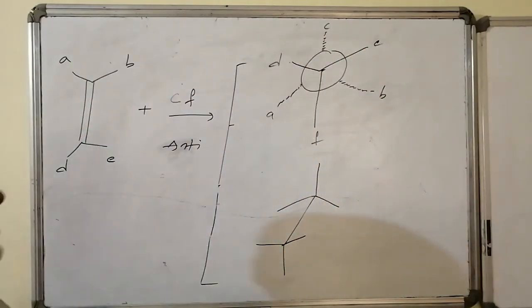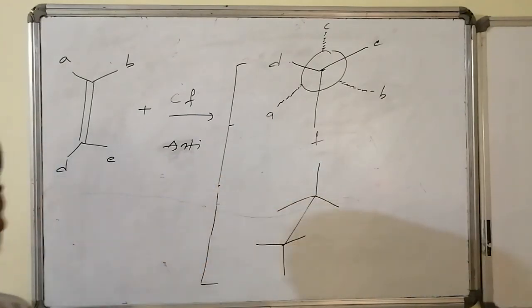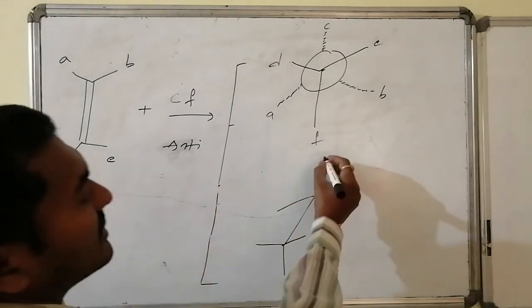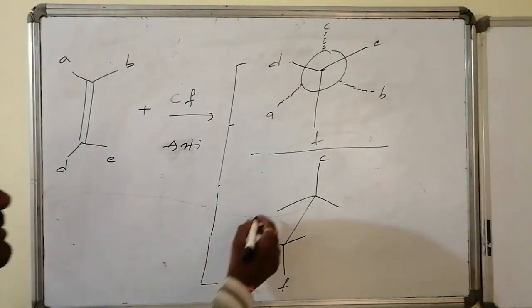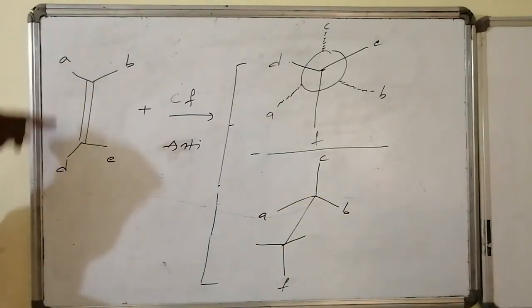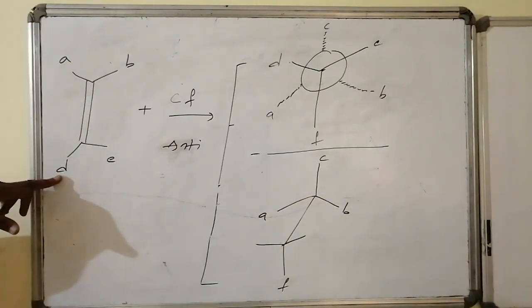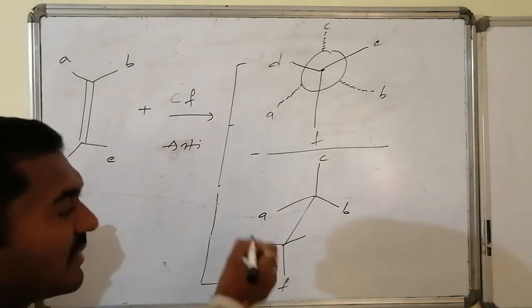Similarly, in Sawhorse, I may take these two as anti positions, or these two as anti positions. If I take top and bottom, this is C and this is F. These are going to be added, and the remaining things are present over here, one is A and one is B. A is very close to D because they are present in the same plane. Dihedral angle is 0. Dihedral angle 0 implies the minimum angle in three dimensions.